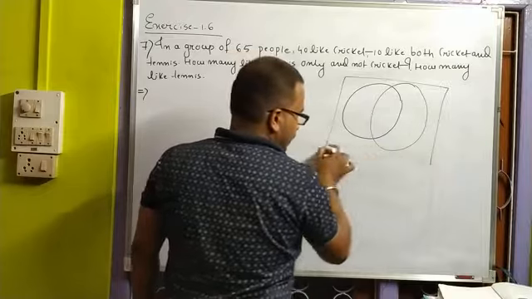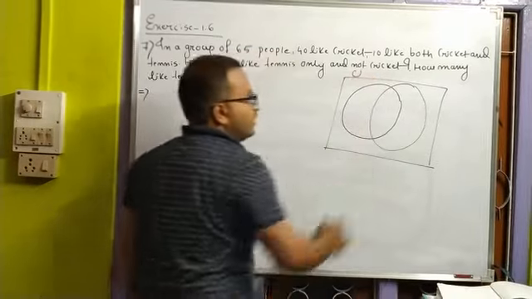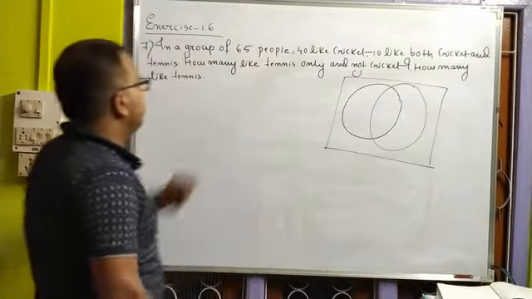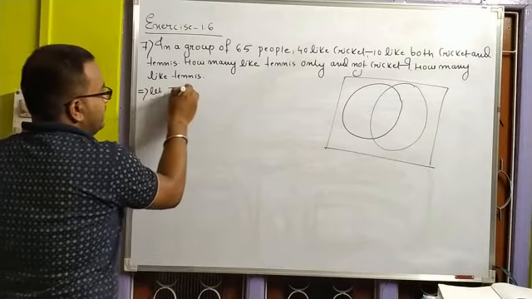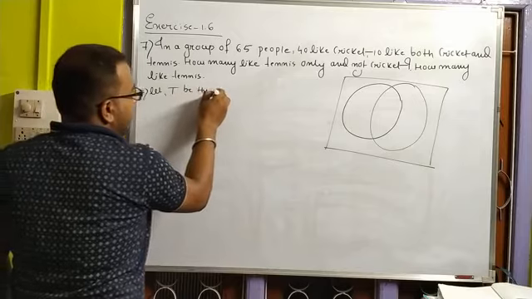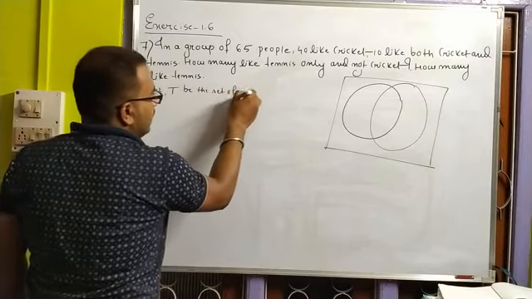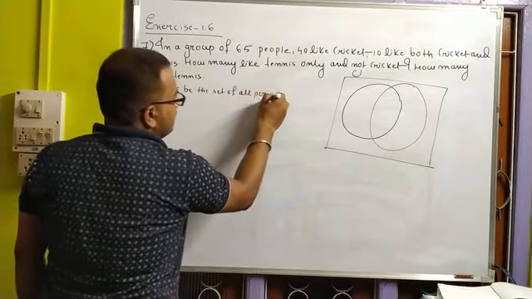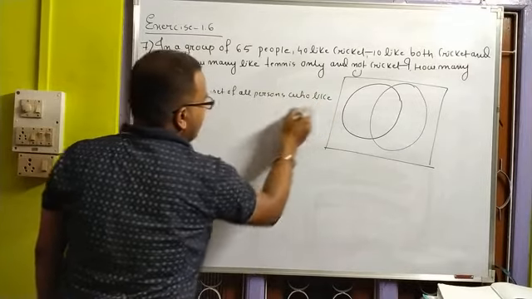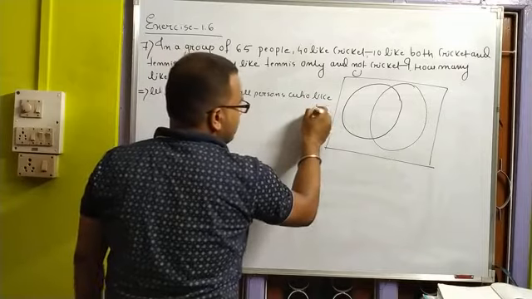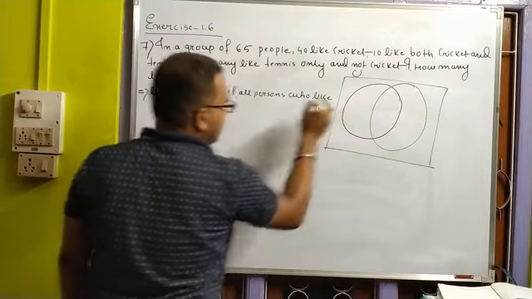You see, two types of sets are there. This is your universal set, and suppose let me define the sets tennis and cricket, right? So let T be the set of all persons who like tennis, right?